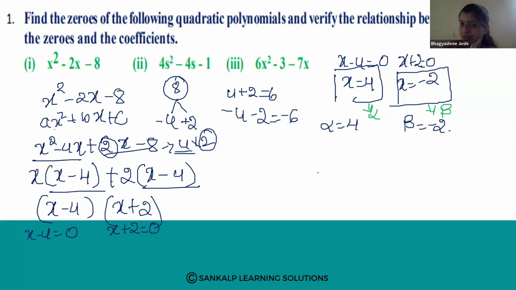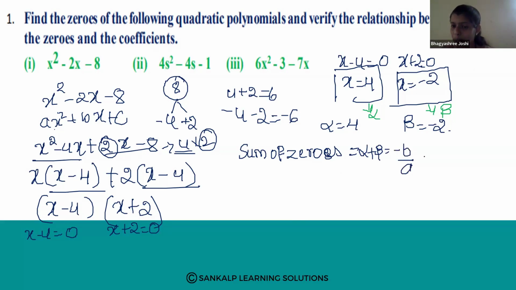Now verify the relationship between zeros and the coefficients. We know the formula for the relationship between zeros and coefficients. That is, the sum of zeros, alpha plus beta, is equal to, what is the formula?